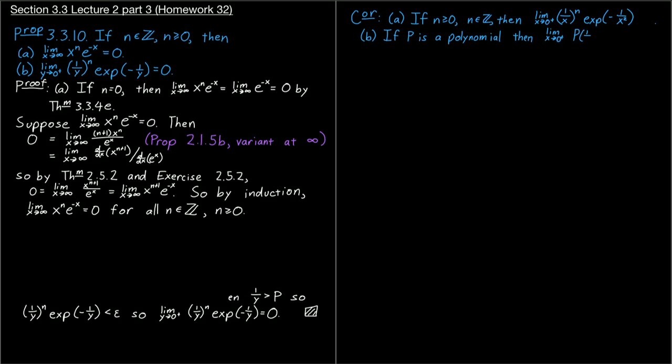Part B involves what's called a change of variables argument in your limit. So let's pick an epsilon greater than 0, and let p be a real number such that if x is greater than p, then x to the n times e to the minus x is less than epsilon.